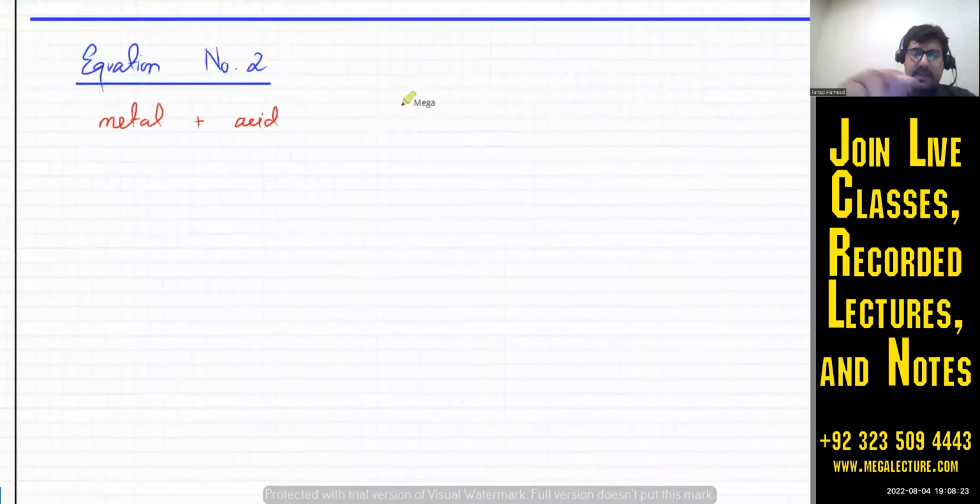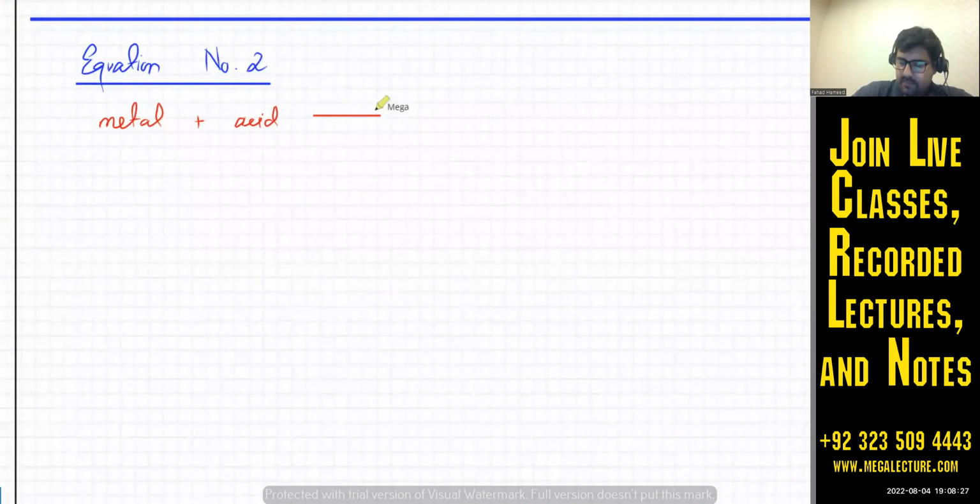So reaction number 2, metal plus acid produces salt plus H2 gas. Now it's not a base reaction, it's just an acid. Let's take any acid. Let's take HCl, hydrochloric acid, HCl. Okay, I'm doing the first example.